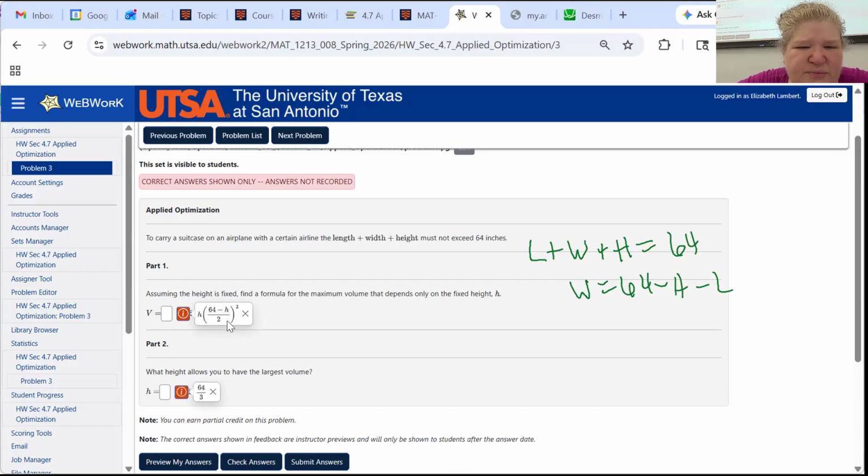So they assumed that the length and the width would be equal.